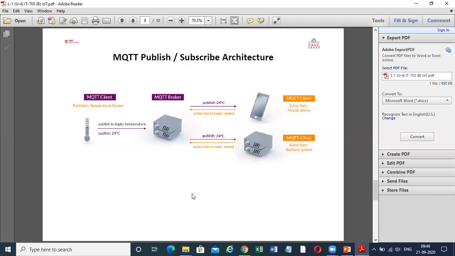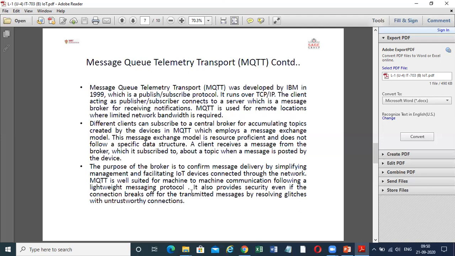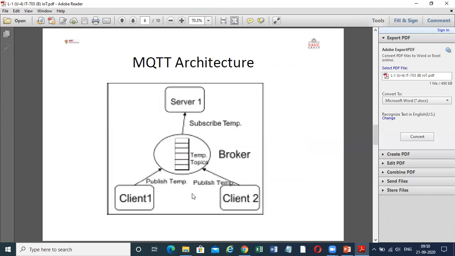We have discussed the architecture before. This is the third form that we have discussed, this was the second form, and this was the first form.